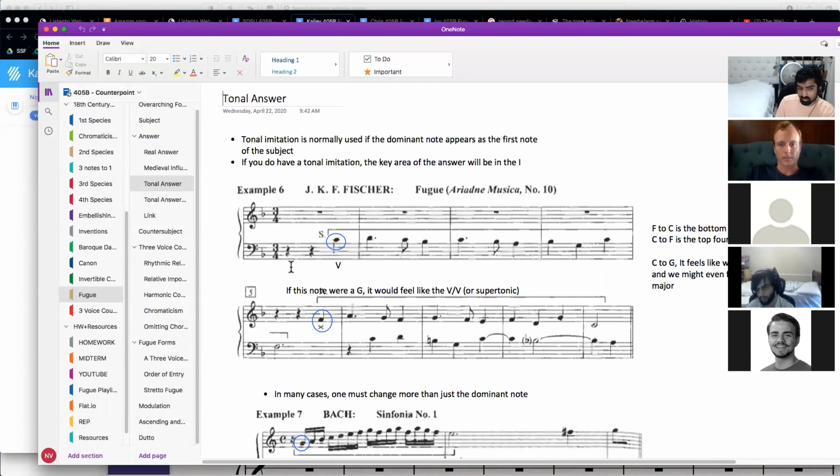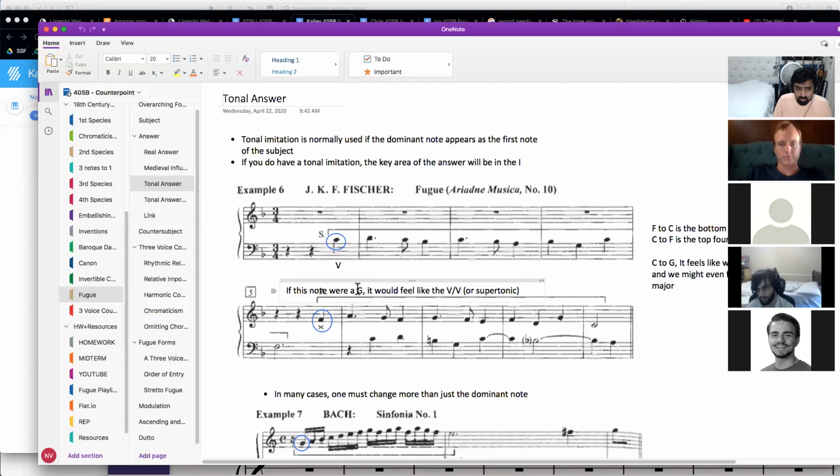This is a great example because it's in exactly the same key. You see the C, its function is the 5 of F major, right? If you were to transpose this up a fifth, it would be G. And that would feel like a 5 of 5. It would basically feel like you're emphasizing the dominant of the dominant, right? If that makes sense? Yeah.